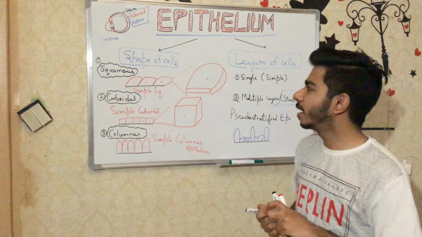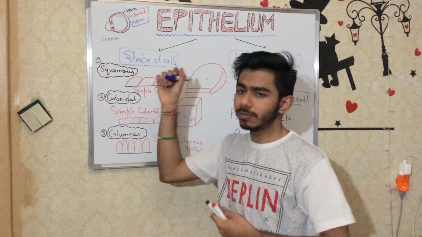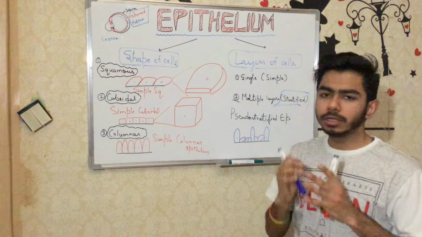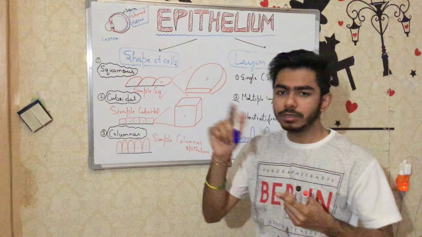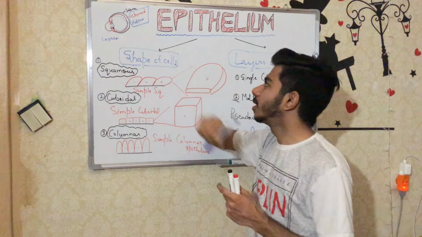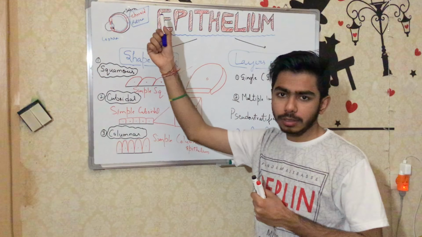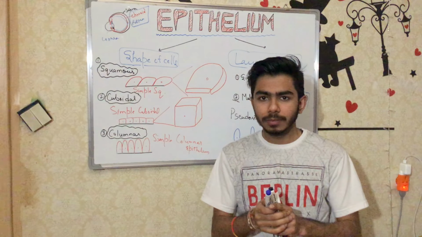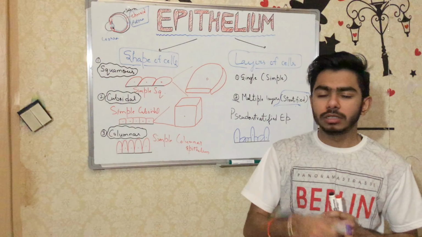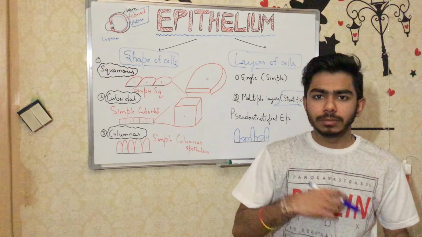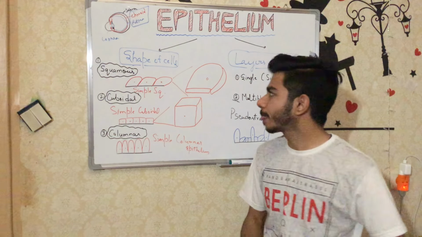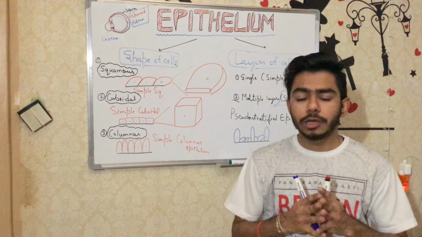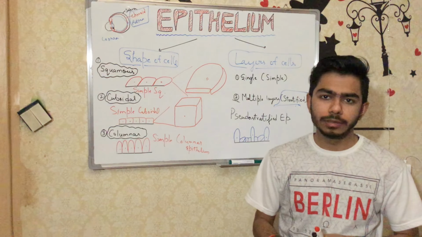I'm not going into detail of the eye, but as far as simple cuboidal is concerned, it is found on the inner side of the lens, the pigmented layer of the retina, and the choroid plexus. Also in the kidney, the proximal convoluted tubules, PCT, which help in the reabsorption of sodium and some important ions from the urine. Also, they are present in the thyroid follicles of the thyroid gland.